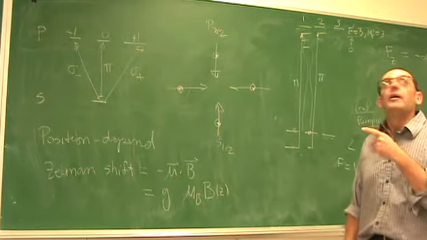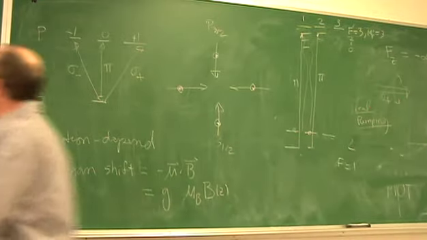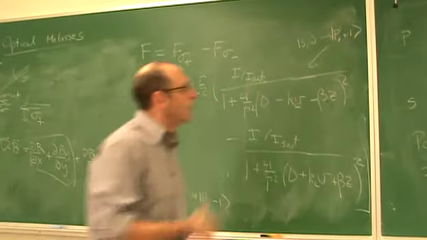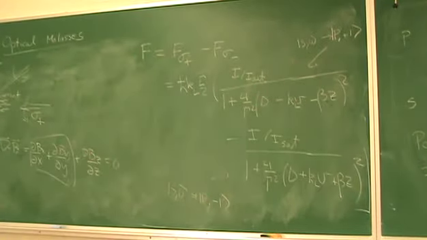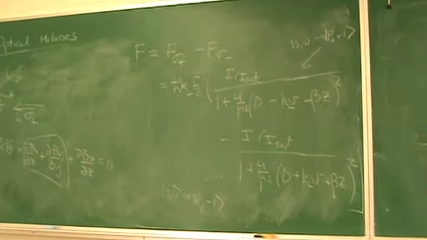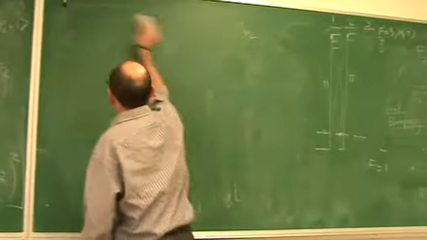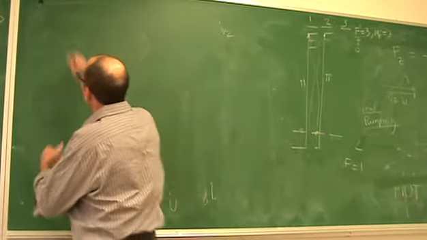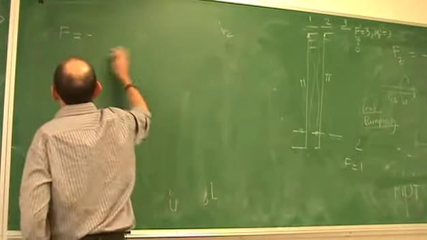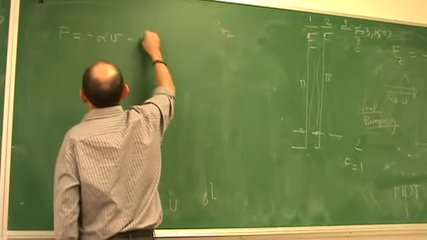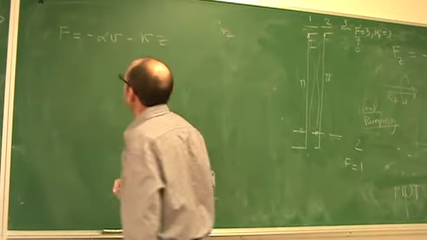Okay, but what I wanted to say, just a few more words about this. So we do this expansion, and this force then, we have our damping coefficient and our Hooke's law.